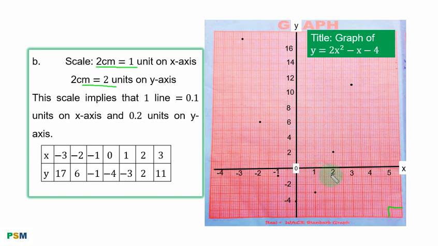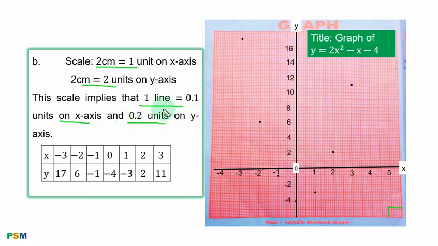The next 2 buses, 2. You have 3, and so on. But on the y-axis, when you combine 2 buses, you give it 2 units. The next becomes 4, and so on. This scale implies that one line is equal to 0.1 units on x-axis and 0.2 units on y-axis.